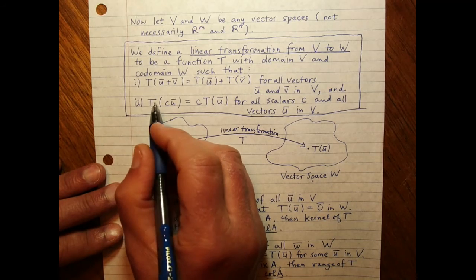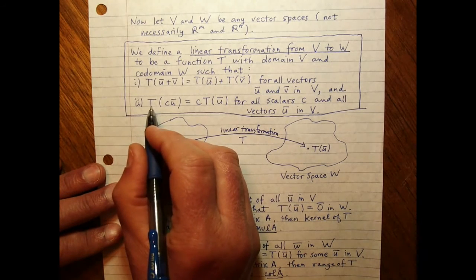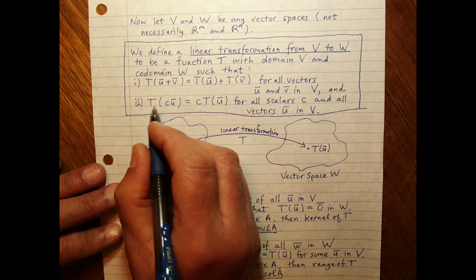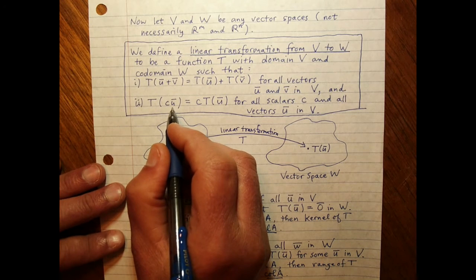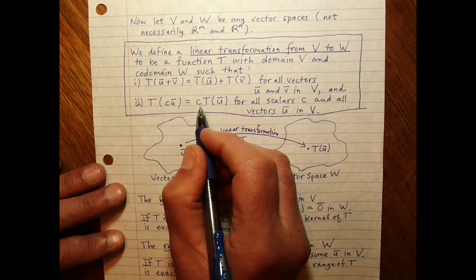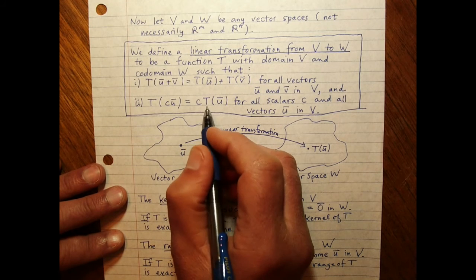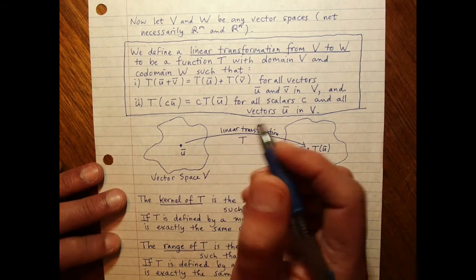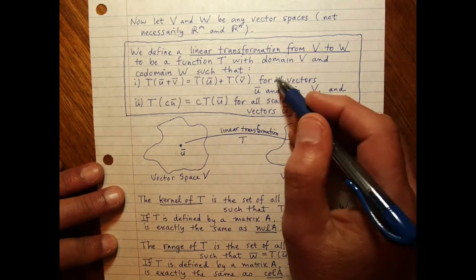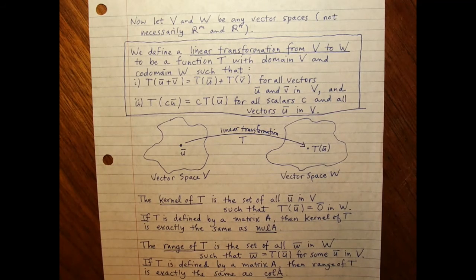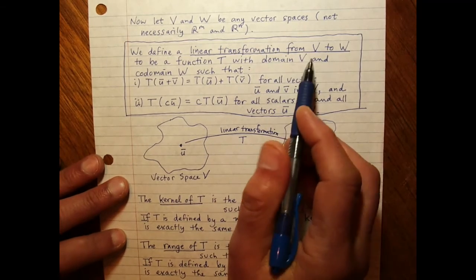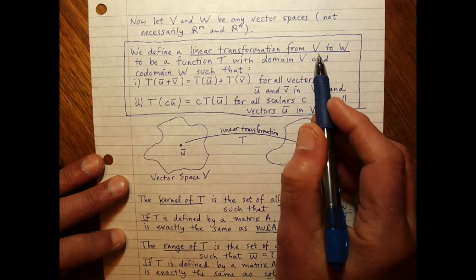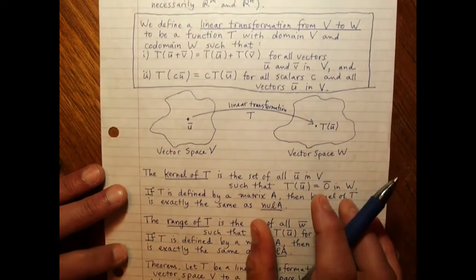And we also, for a linear transformation, need that the function T applied to a scalar multiple of a vector U in V be equal to that scalar multiple times T applied to that vector U. So these are the same conditions we use to define a linear transformation from Rn to Rm. Here we're just making a definition for abstract vector spaces.